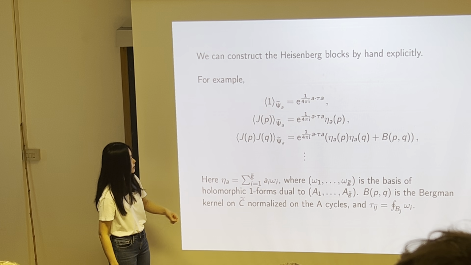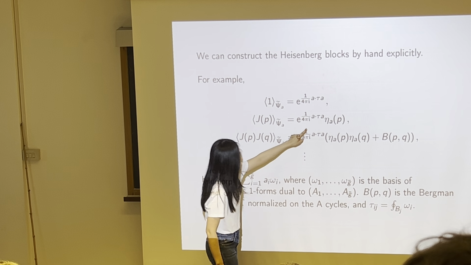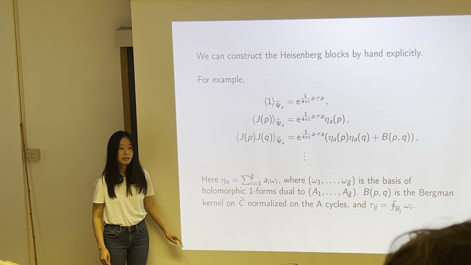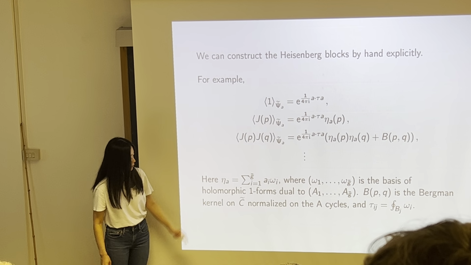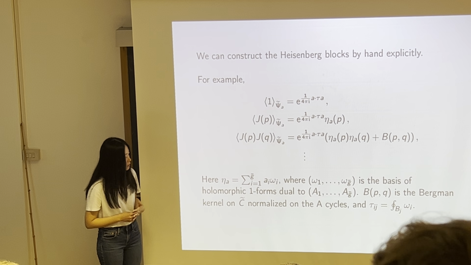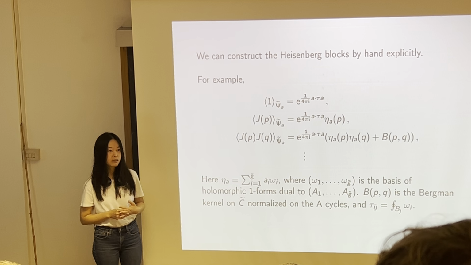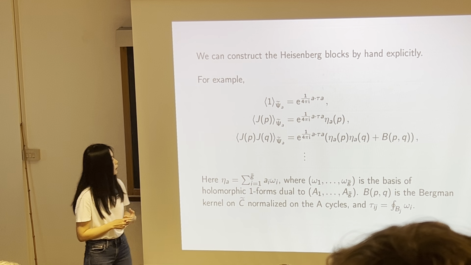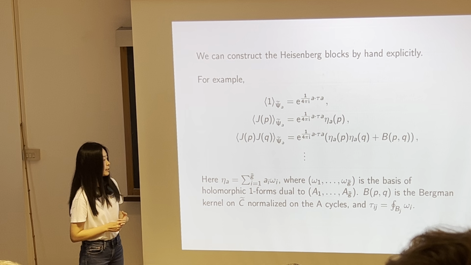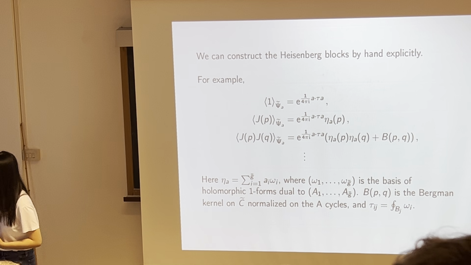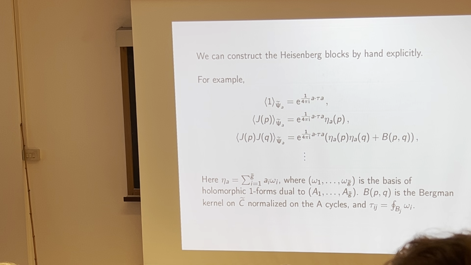Here tau_ij is just the period matrix, and eta_A is just a holomorphic one-form built from this basis of the holomorphic one-forms and A_i. There will be a B(P,Q) which starts to appear from the 2-point correlation function, and it is just the Bergman kernel of the Riemann surface.